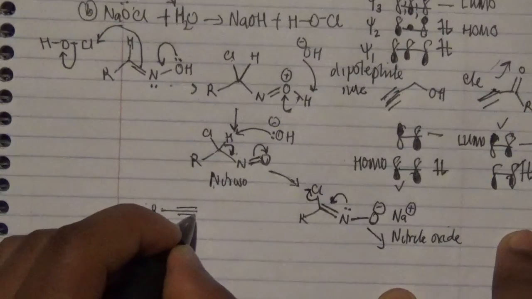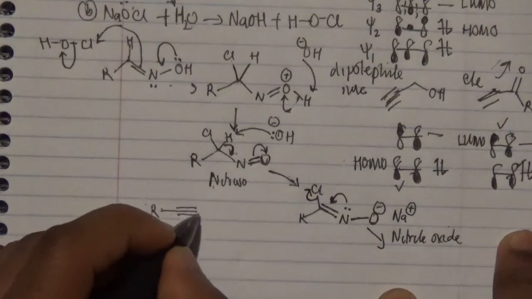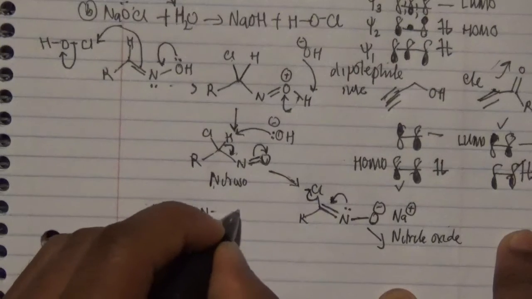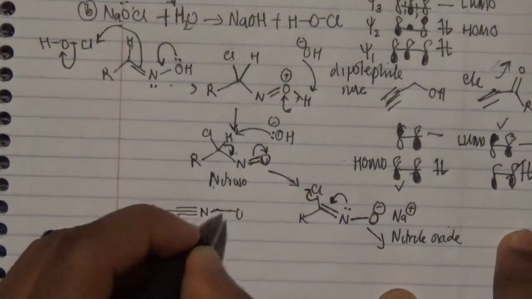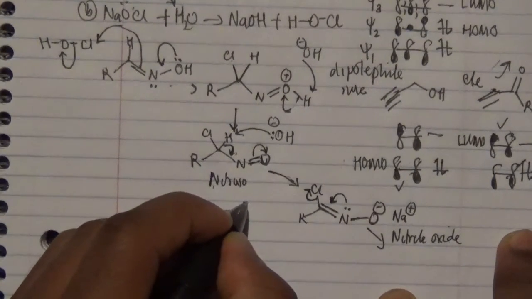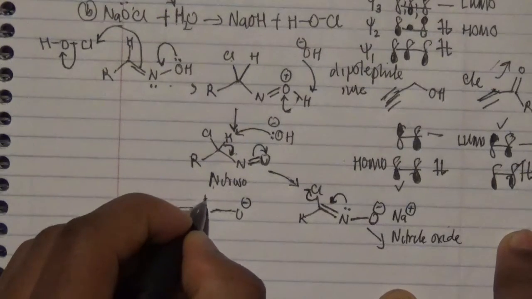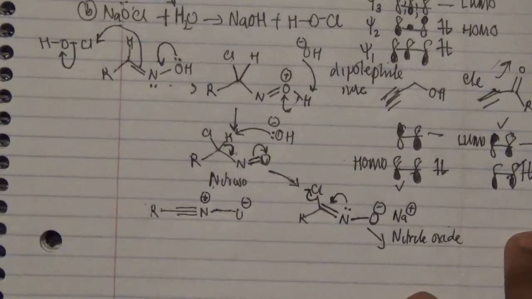The R group is attached to carbon, then we have a triple bond with nitrogen, and this is a linear functional group over there, and we have our negative charge on the oxygen, and our positive charge on the nitrogen.